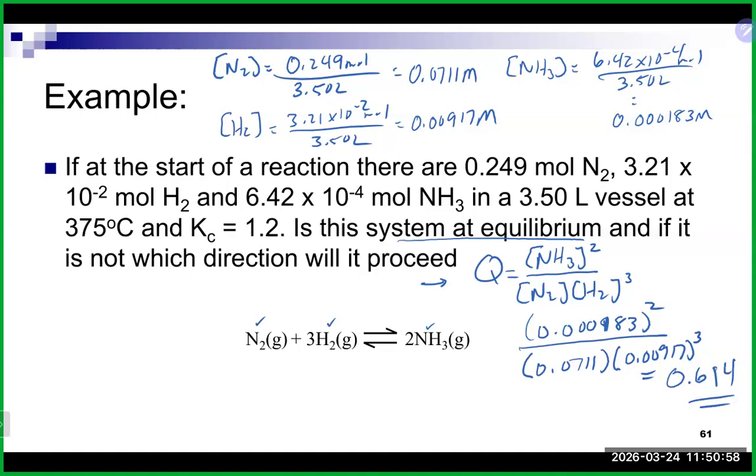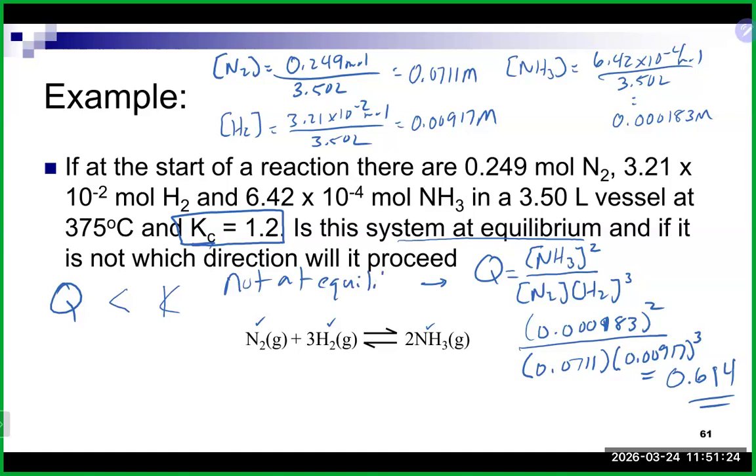First off, any questions on the calculation? All right, so what do we use that with? We use that with the K value that was given to us here, and we can see that the K value is 1.2. So in this case, our Q is less than our K value. Because it's less than our equilibrium constant value, the first thing it tells us is we are not at equilibrium.